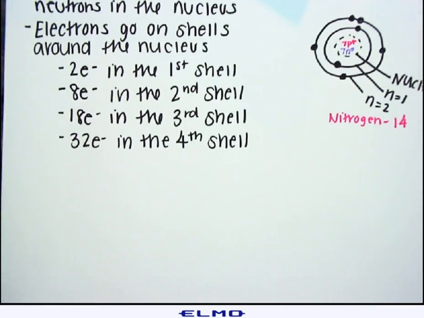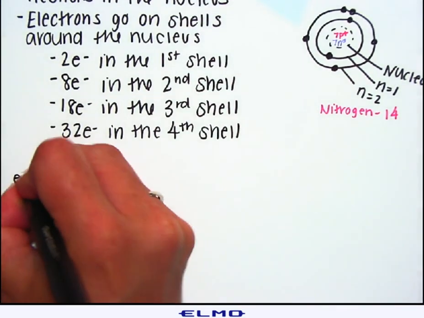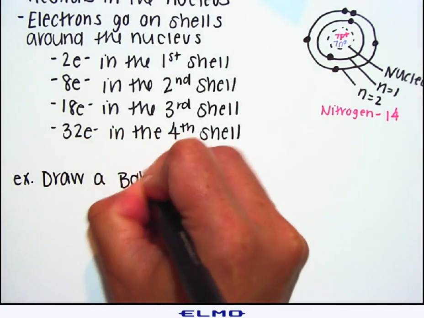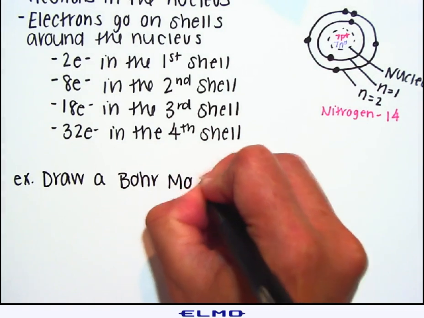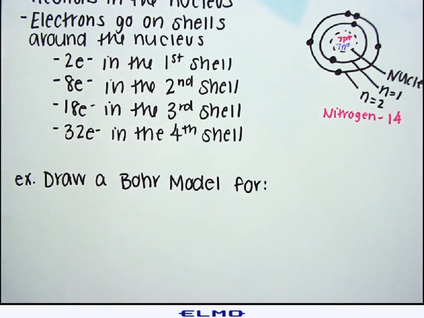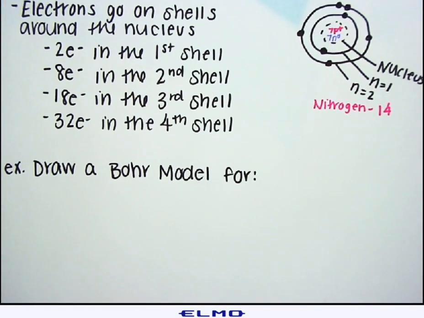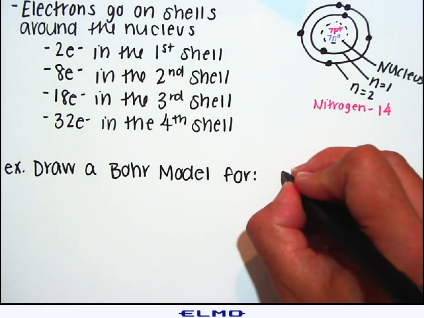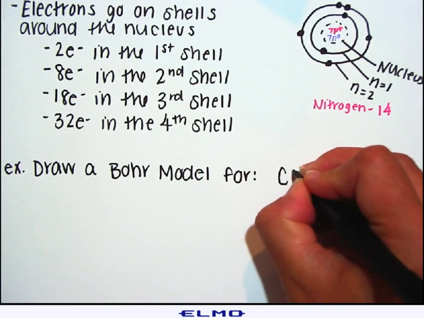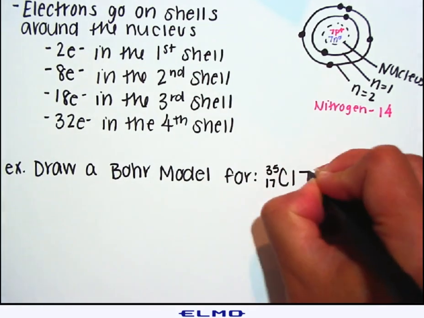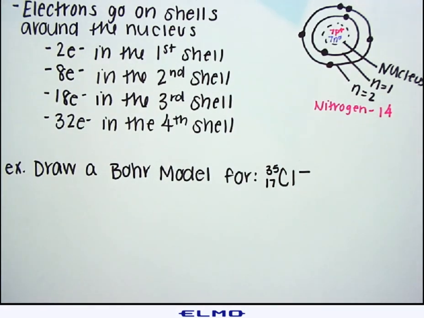All right, let's just do one together. Let's draw a Bohr model for, let's do an ion, chlorine 35.